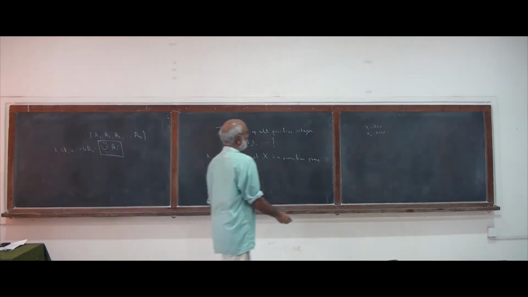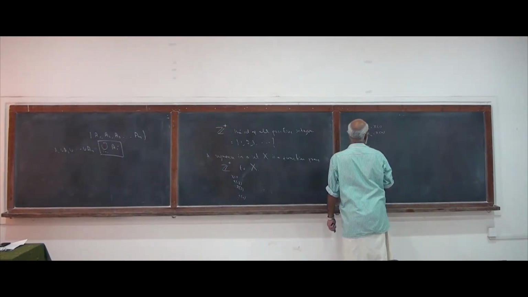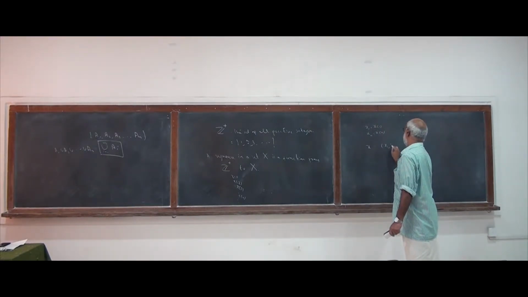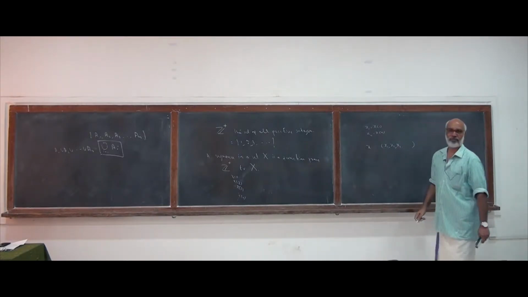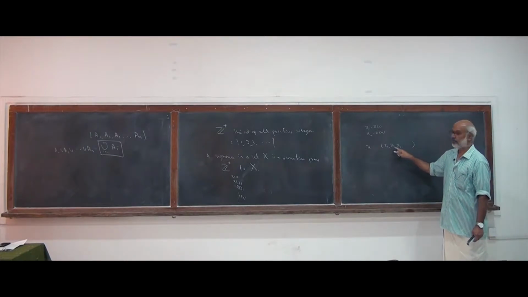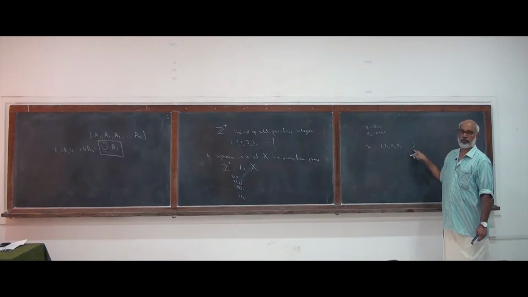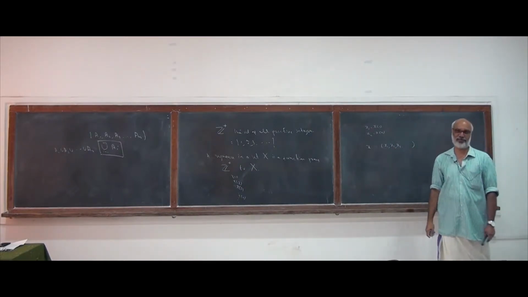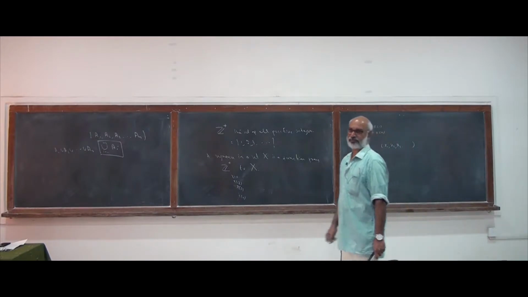And sometimes we write x1, x2, x3 etc. These elements are written with commas, with 3 dots, and then we put symbol brackets. This is usually the notation used for X sometimes.